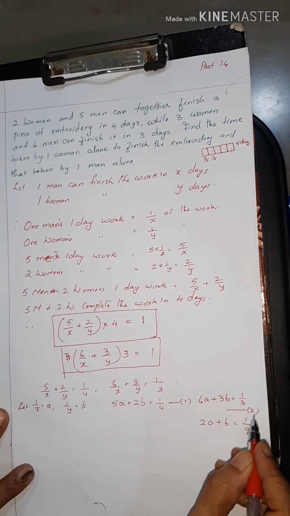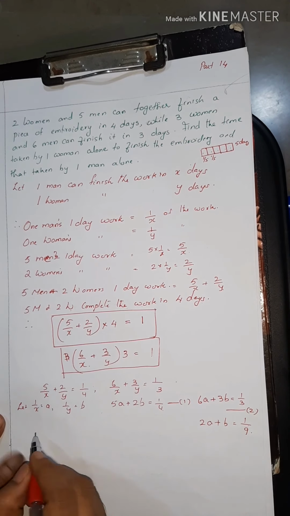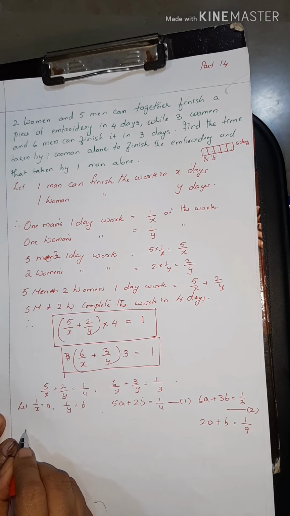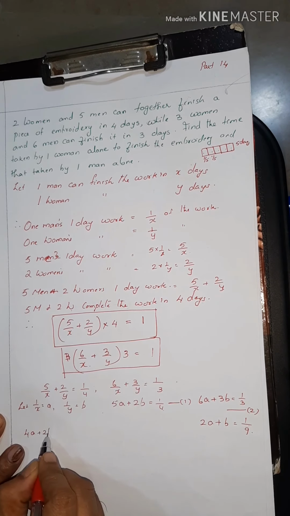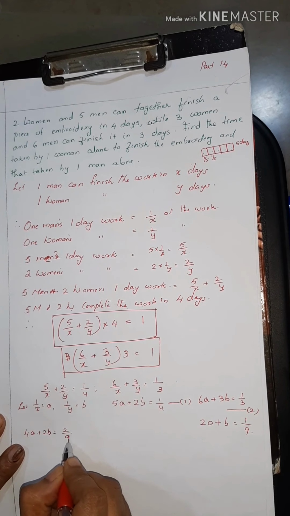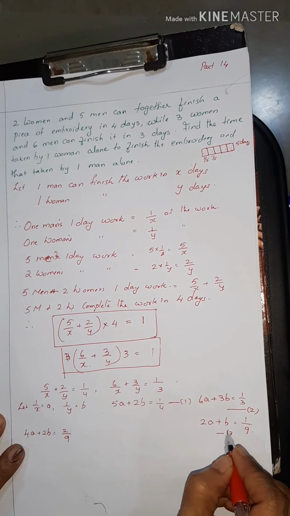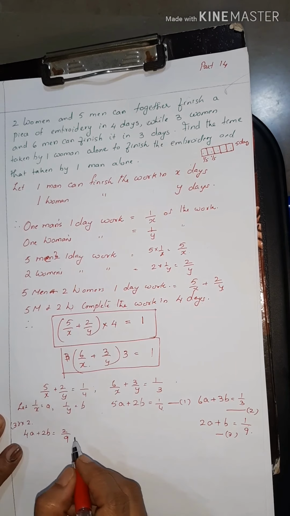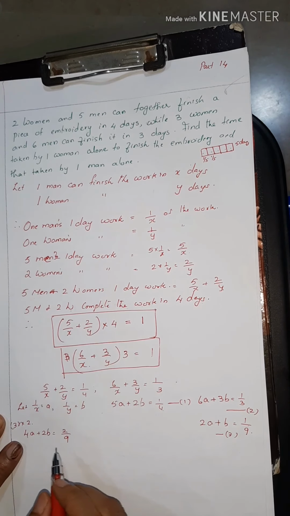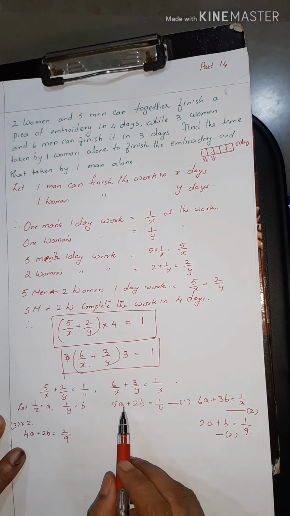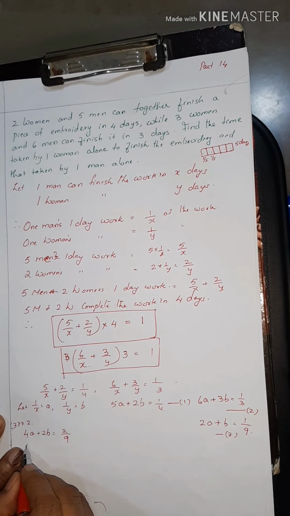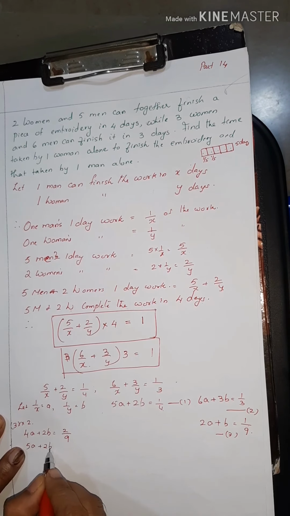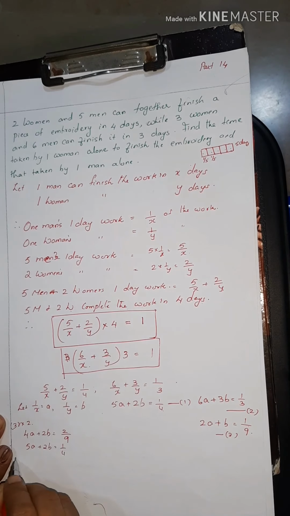Multiplying this with 2, I will get 4a plus 2b is equal to 2 by 9. And 5a plus 2b is equal to 1 by 4.